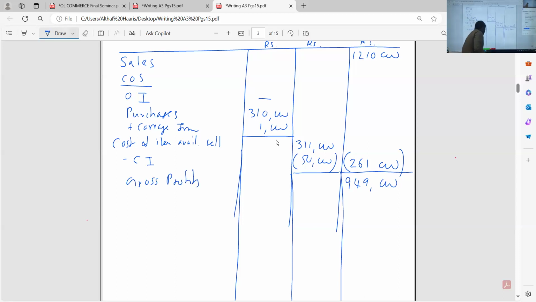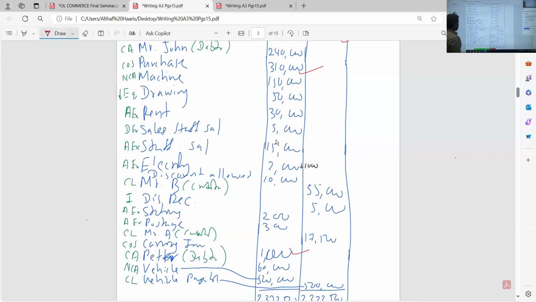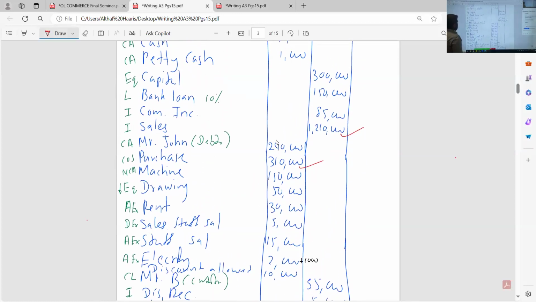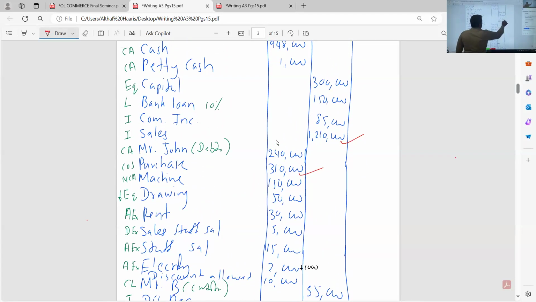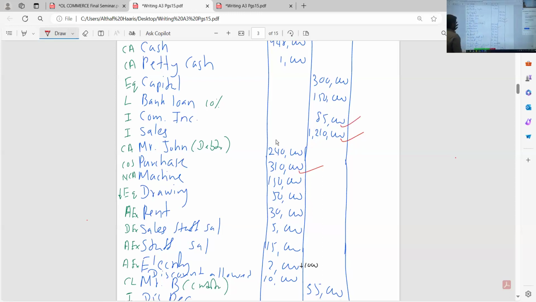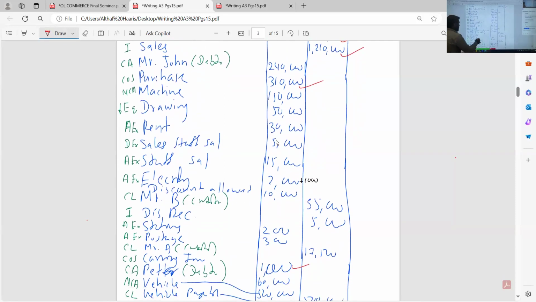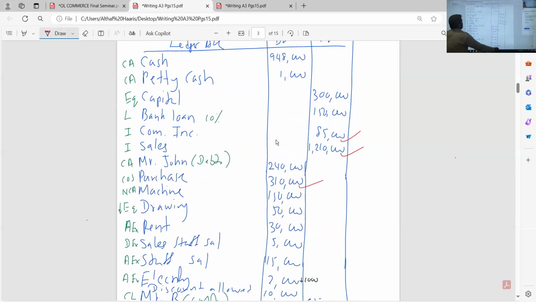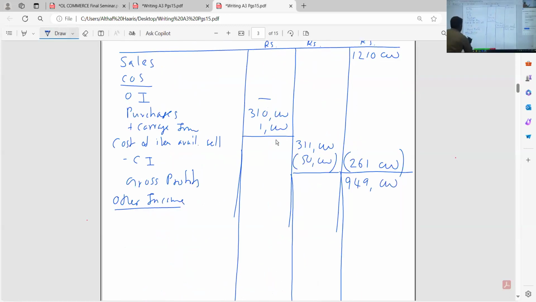And we had some other income in this question, like the commission income and discount received. Commission income 85,000 and discount received 5,000.